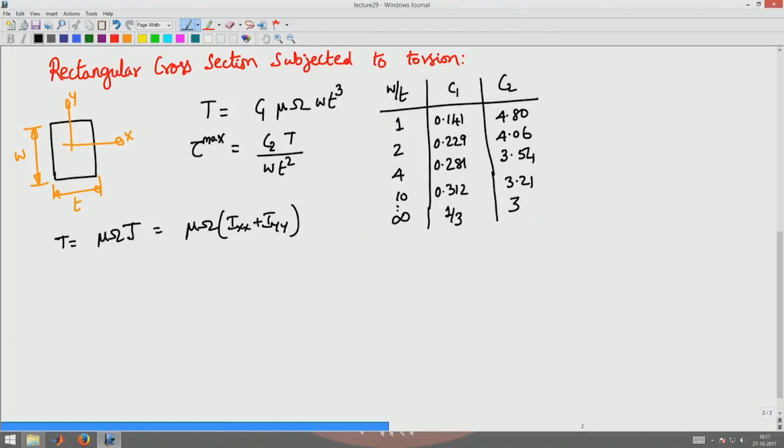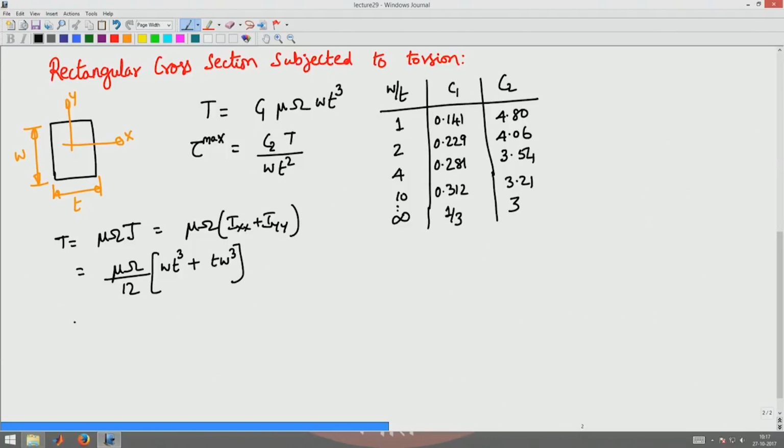So, that will be I xx and I yy. Then for the rectangular section this will be mu omega by 12 into (W t cube plus t W cube). This will be the polar moment of inertia for this section.